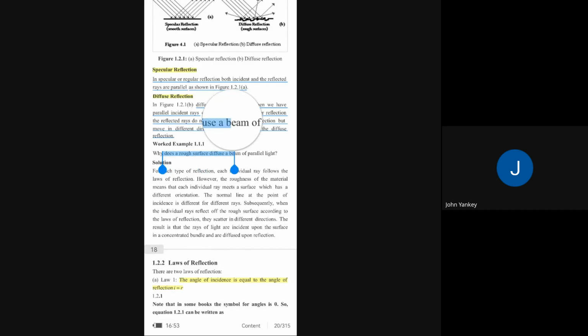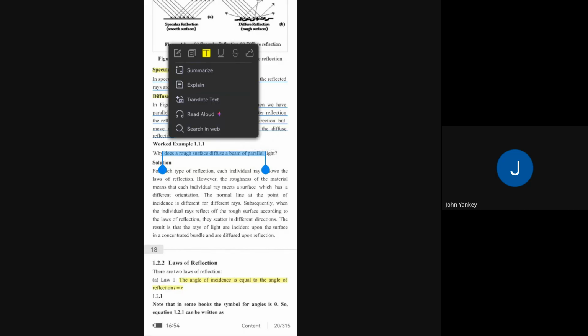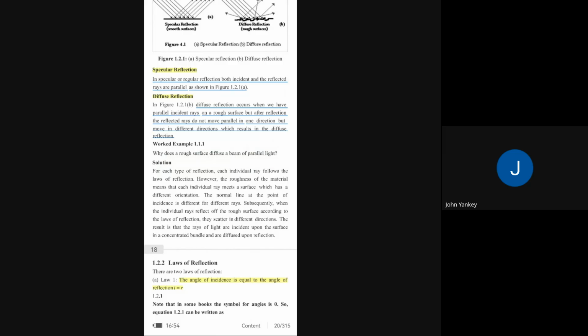So I'm saying the differences between regular and irregular reflection. With regular reflection, the surface is smooth; with irregular reflection, the surface is rough. That is one difference.